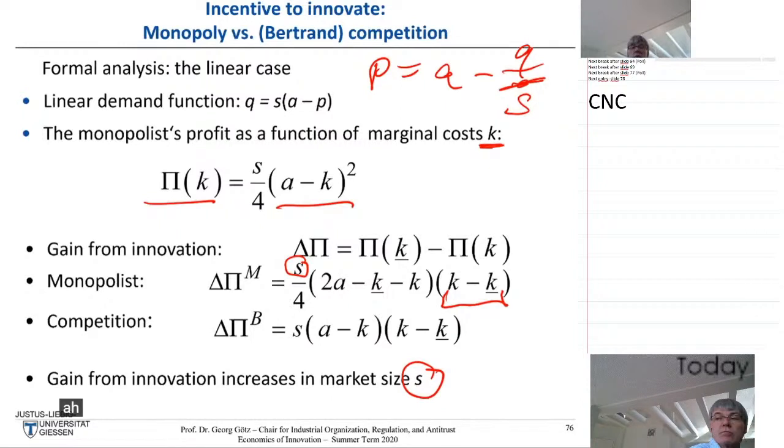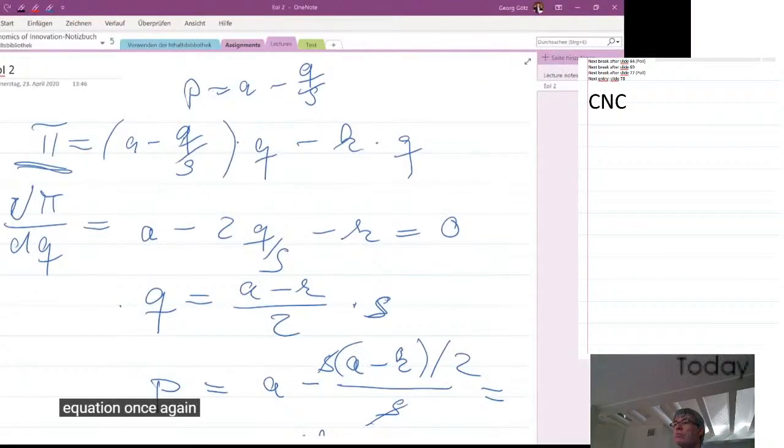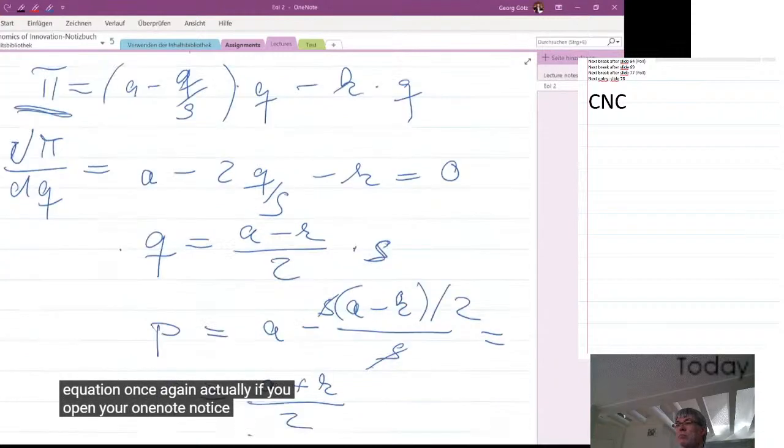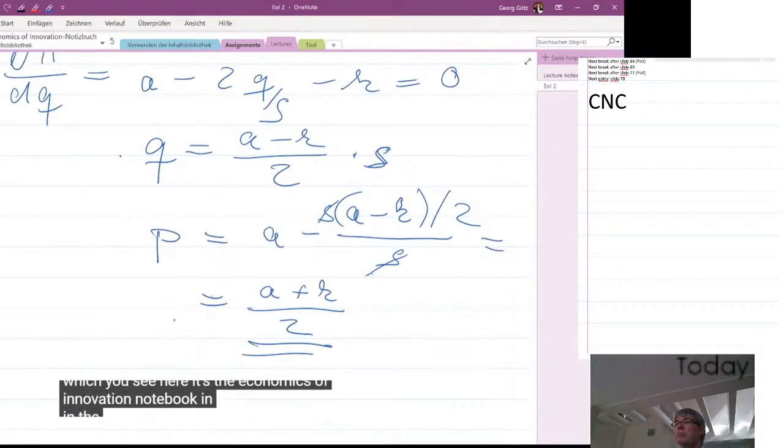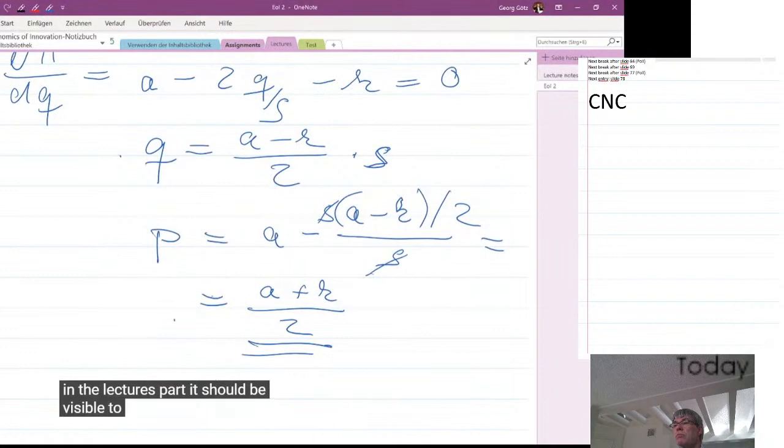Someone asked, I should put up the equation once again. Actually, if you open your OneNote notebook, the course notebook, the Economics of Innovation notebook in the lectures part, it should be visible to you.